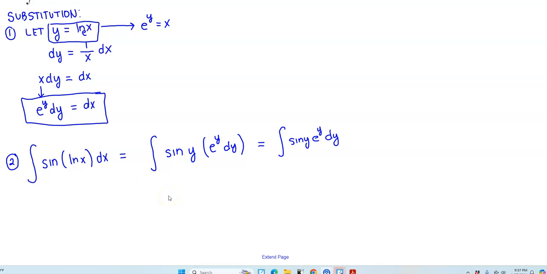So let's go ahead and integrate by parts. So we have the sine of y e to the y dy.